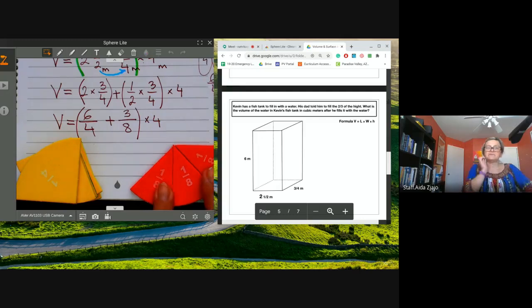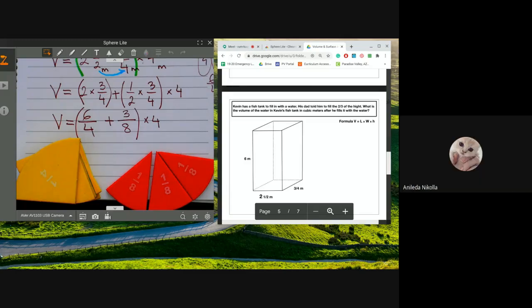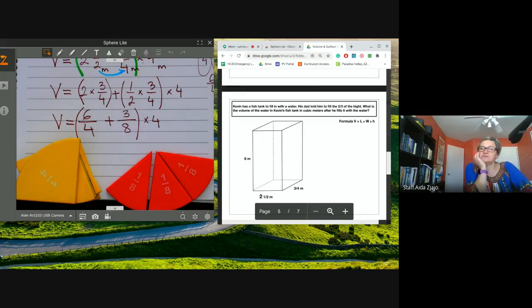But they have to be the same size in order to add them. How do I have to change one of the numbers so they both have the same denominator? Anileda, what do I do to add 6/4 plus 3/8?